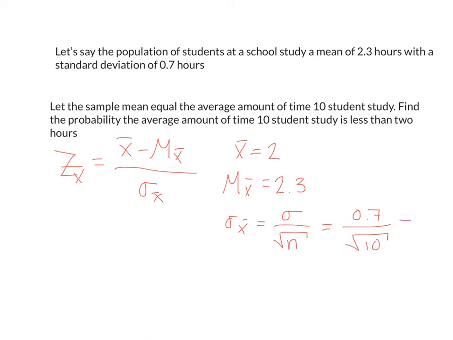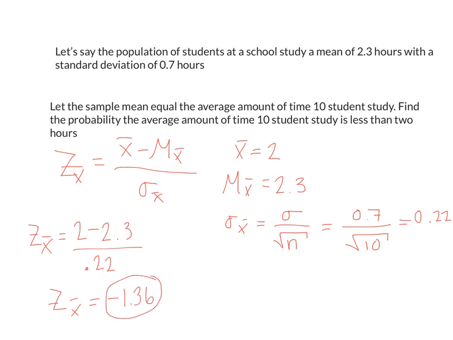When you go to calculate it, it will be 0.22. Now we put those in for our z. We get 2 minus 2.3 over 0.22, which gives us a z-score of negative 1.36.